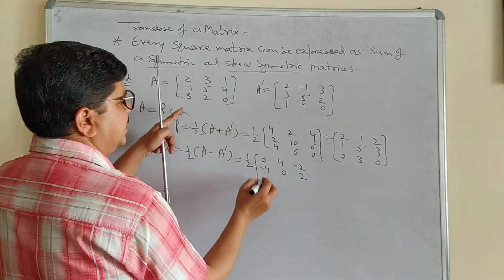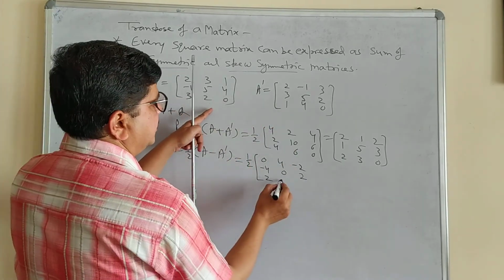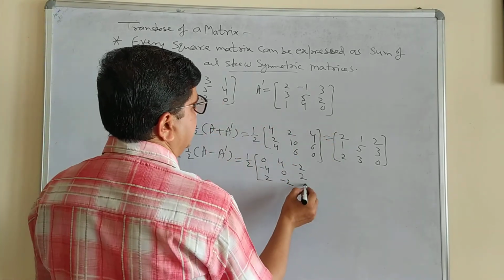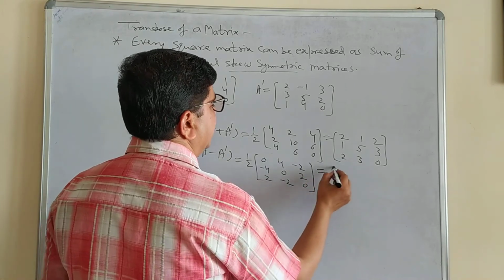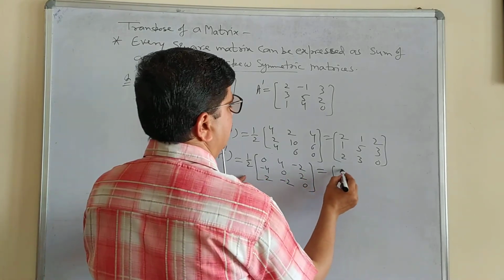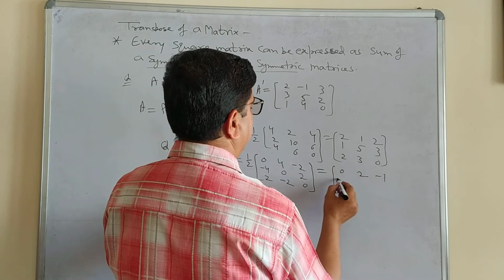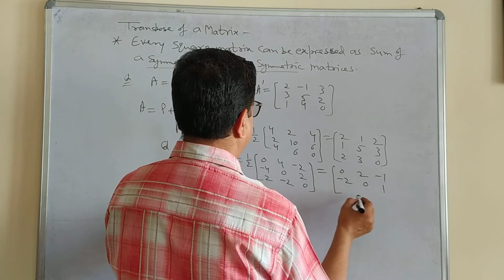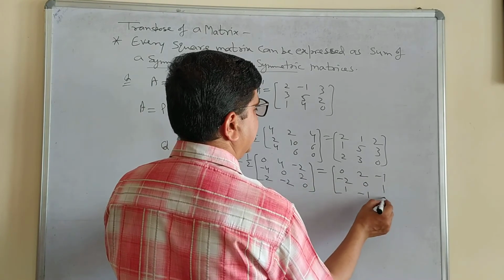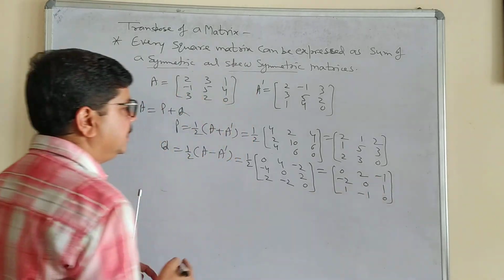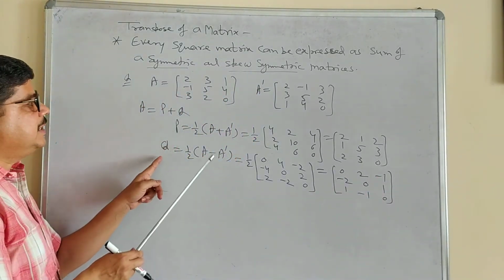Now 3 minus 1 is 2, 2 minus 4 is minus 2, and 0. So it is 0 2 minus 1, minus 2 0 1, 1 minus 1 0. So this is P and this is Q.